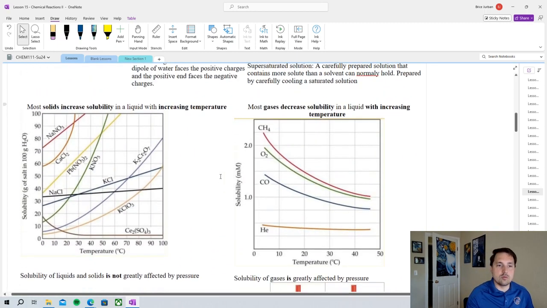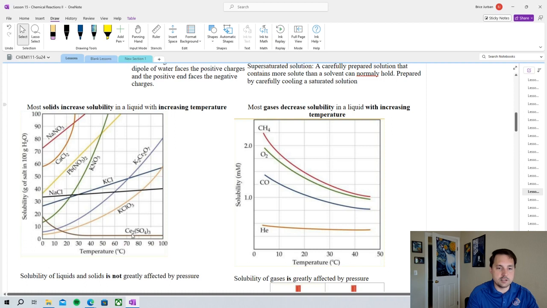So when I look at how the solubility changes with temperature, we will note that for most solids, in this diagram on the left, as we increase the temperature, the solubility in terms of grams of salt or grams of solute per 100 grams of solvent increases with temperature.